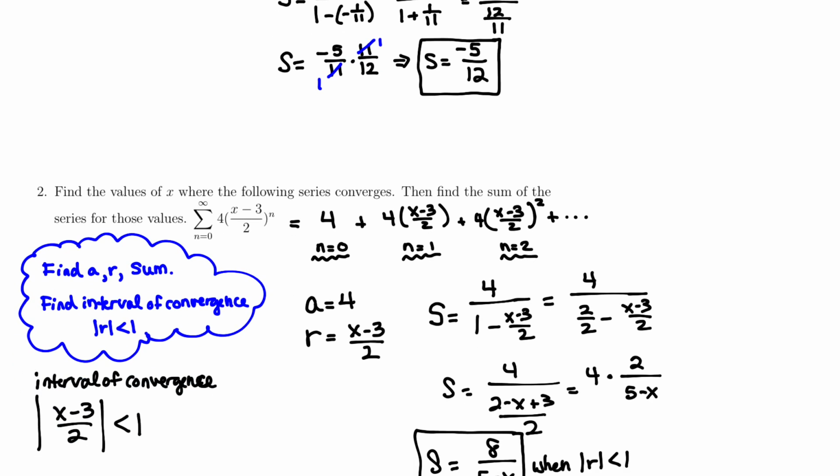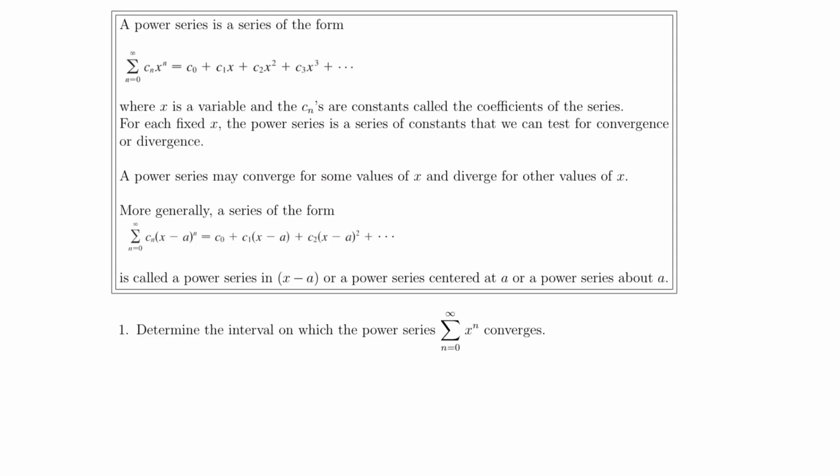But in the bottom one, this guy actually has numbers, but it also has x's raised to powers. X to the first, x to the second, x to the third. So we describe these types of series where you have x raised to a power with other coefficients going on as a power series.